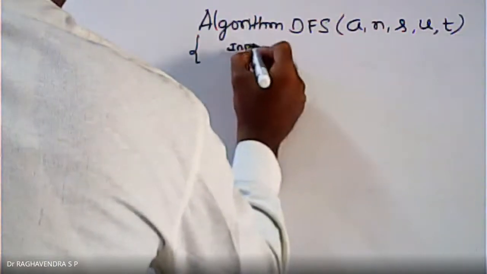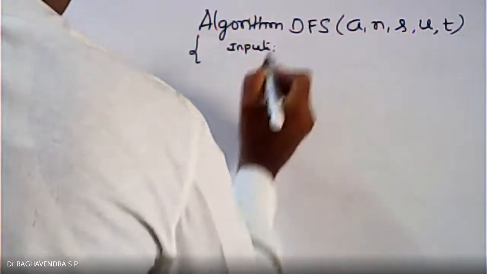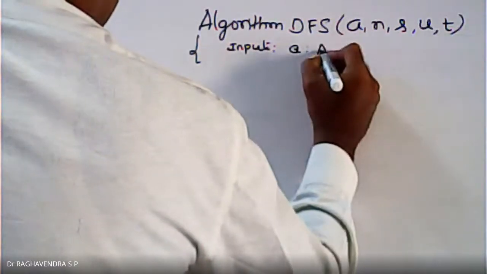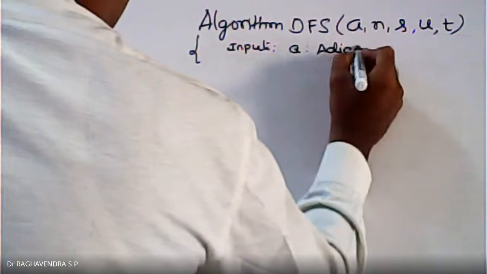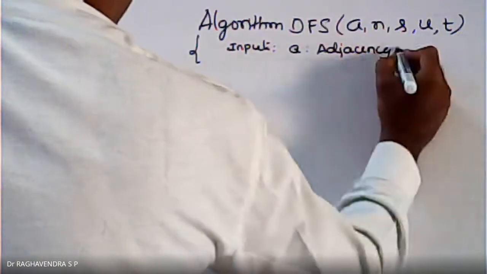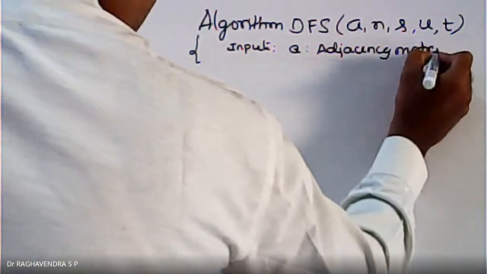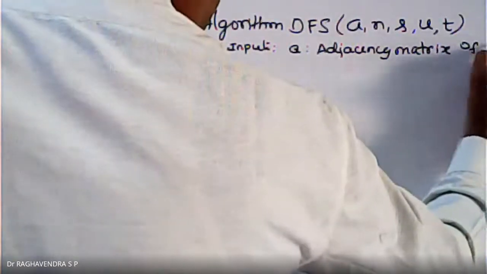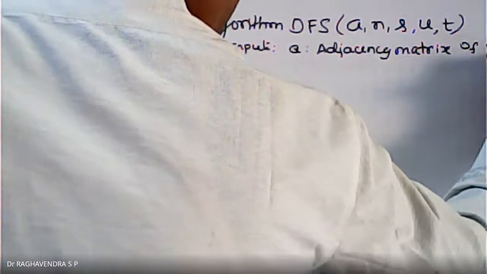Inputs: A is nothing but the adjacency matrix of the given graph.